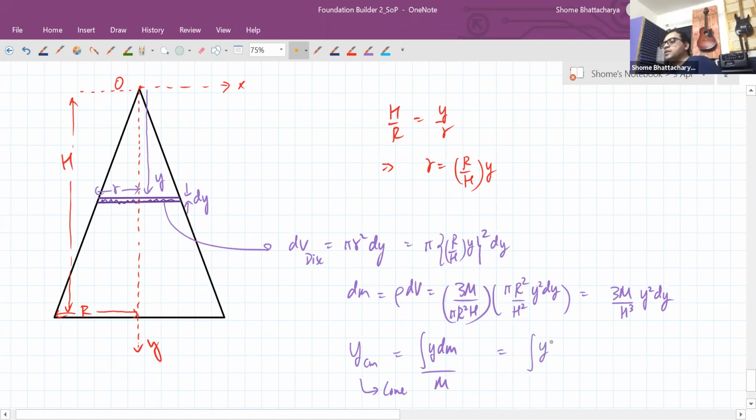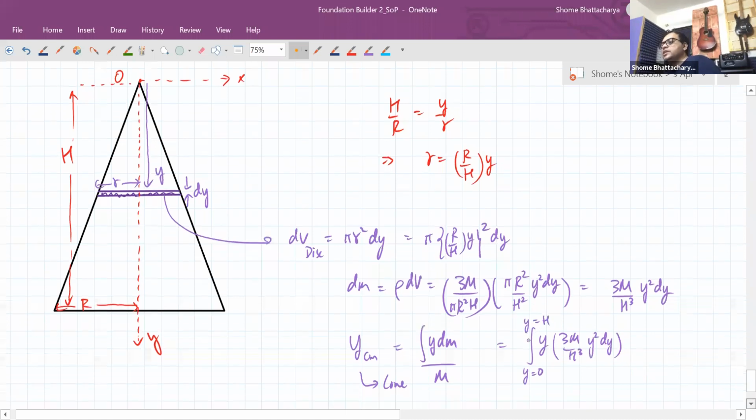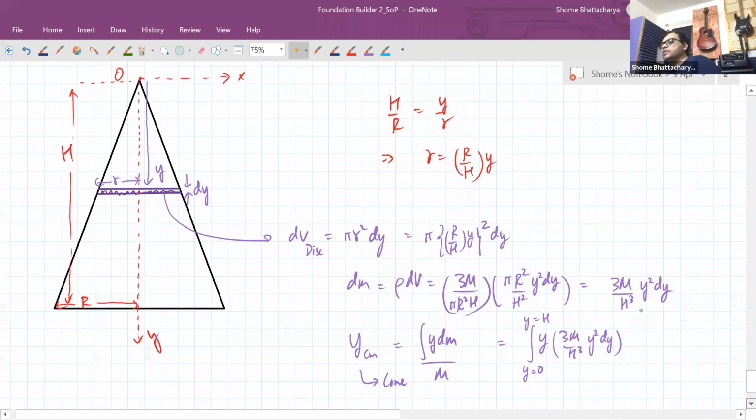So we let that be, and we replace dm with this term, 3m upon H cube y square dy. And this is for all disks. So it's going from the disk right at the top where y is 0, to the disk right at the bottom where y is equal to capital H.